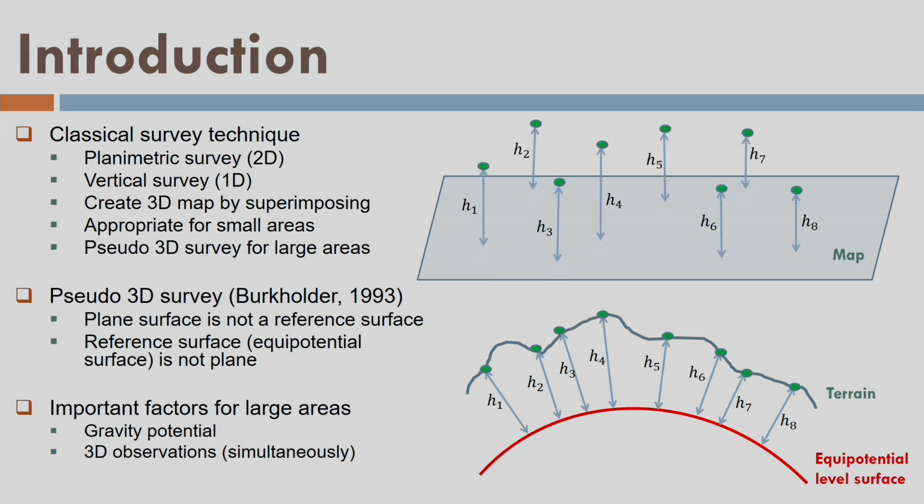The 3D map shows x, y, z: x and y I obtained from a planimetric survey, and the third dimension, the height, I obtained from the vertical survey by leveling.